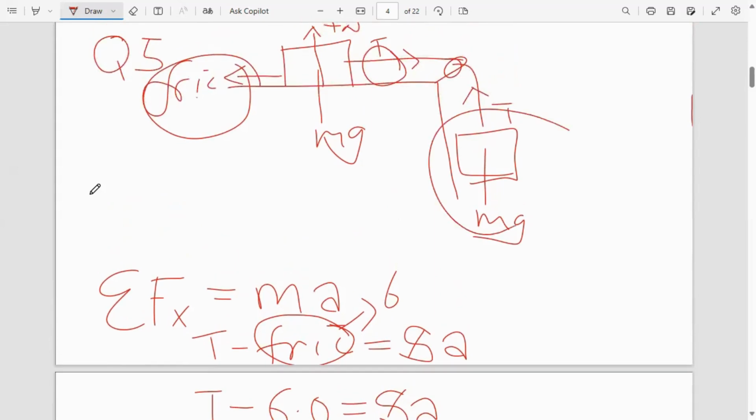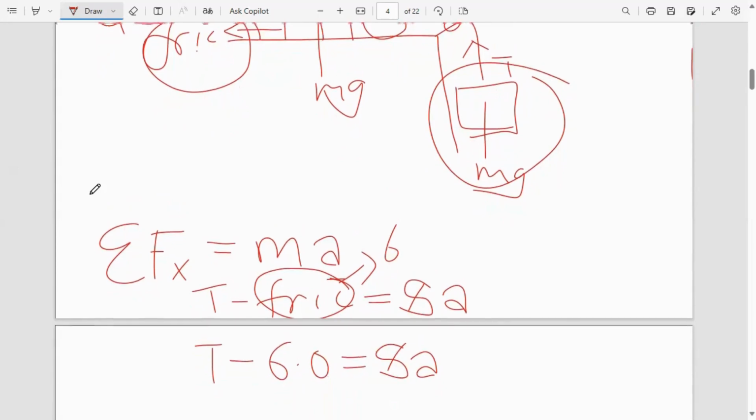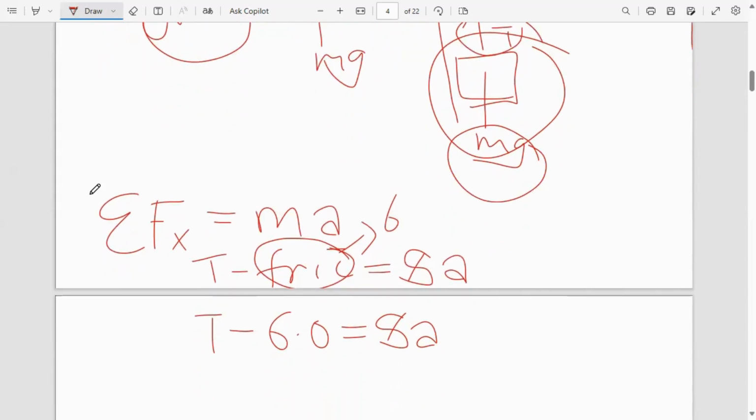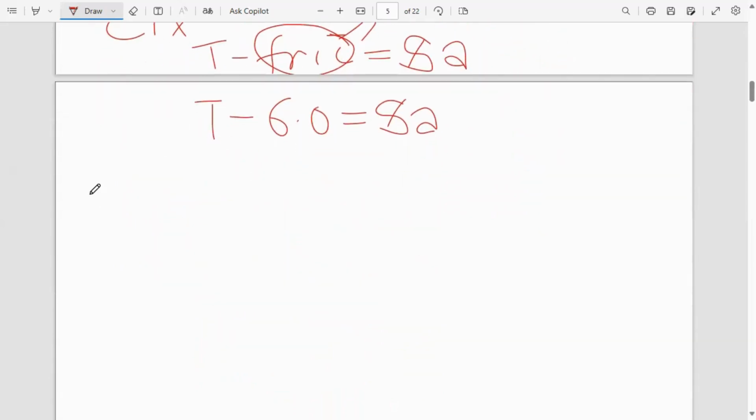This object, which is suspended freely on a string, we have forces in the y-axis only. And which forces do we have? Well, this force, which is acting towards the direction of acceleration, so it is positive, and tension, which is acting opposite to the direction of acceleration, which means tension is negative here. So I'm going to say mg, and the mass is 2 multiplied by gravity, which is 9.81, minus tension.